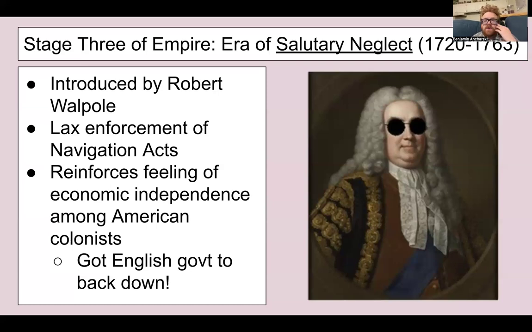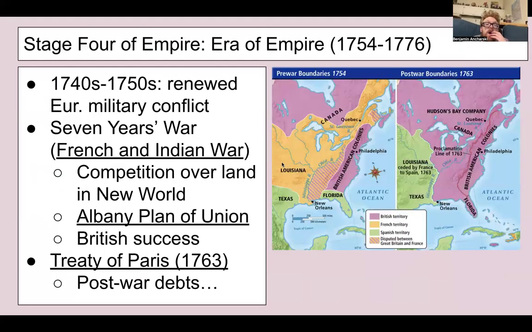Now, the period of salutary neglect is unfortunately going to come to a close by the 1750s and 1760s, leading us to the fourth stage of empire, the so-called age of empires, if you will, to Book of Secrets. No. All right.